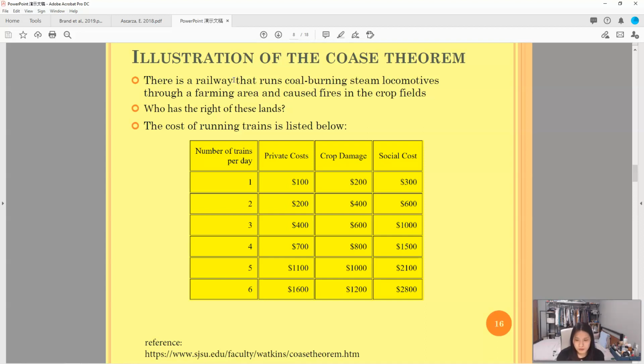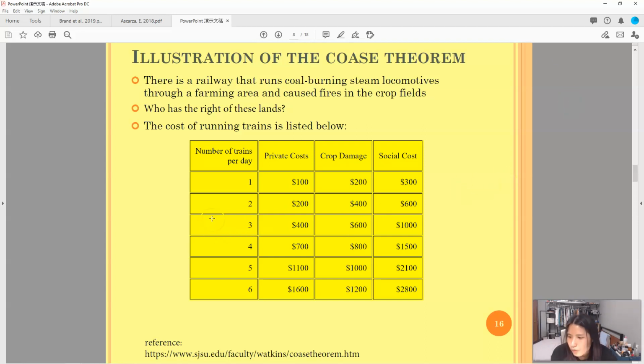Well, if the farmers and the railway company can negotiate with each other and if there is no transaction costs, we would expect that the final optimal level of trains per day would be exactly the same, regardless who has the right of these lands, right?